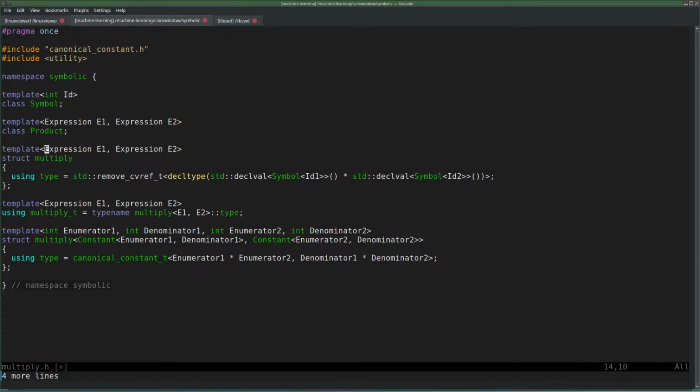But if they're not constants, we're going to use these expressions, which then means that this is just... And now you see how important it is to use declval, because I really have no clue anymore how to construct these things. Don't even know what the type is. Too many of these? Yeah.